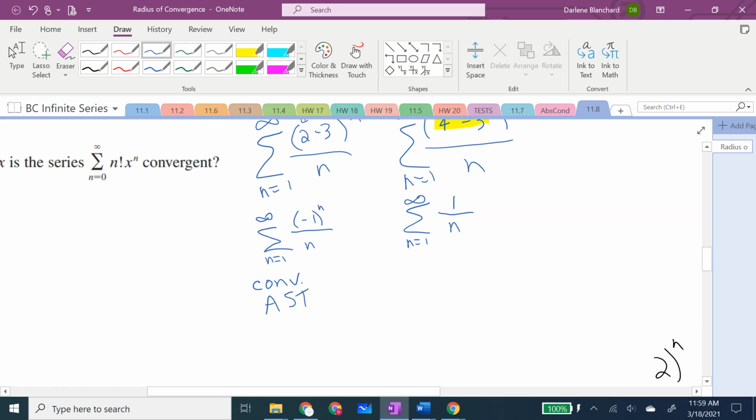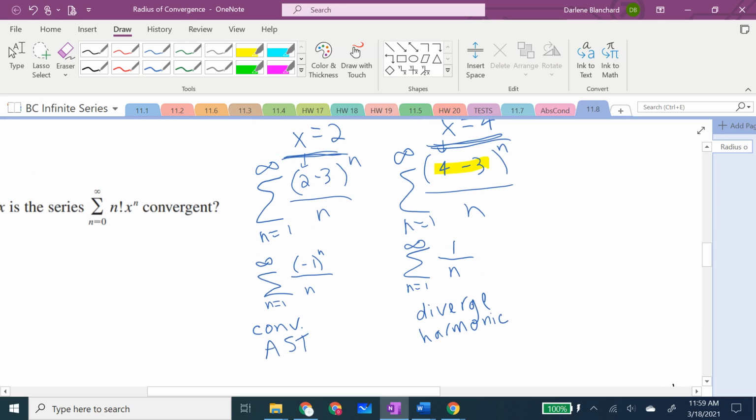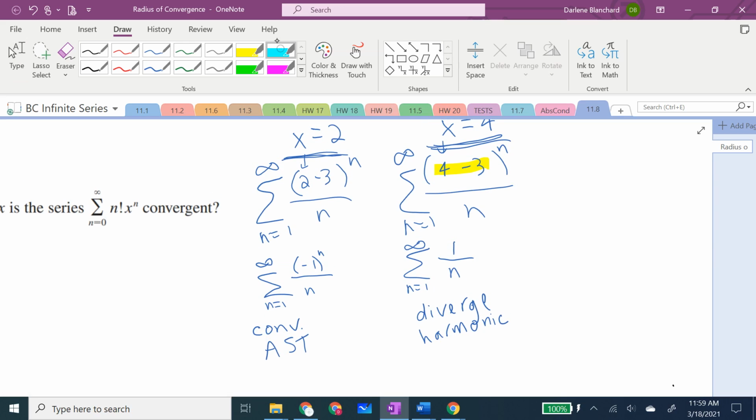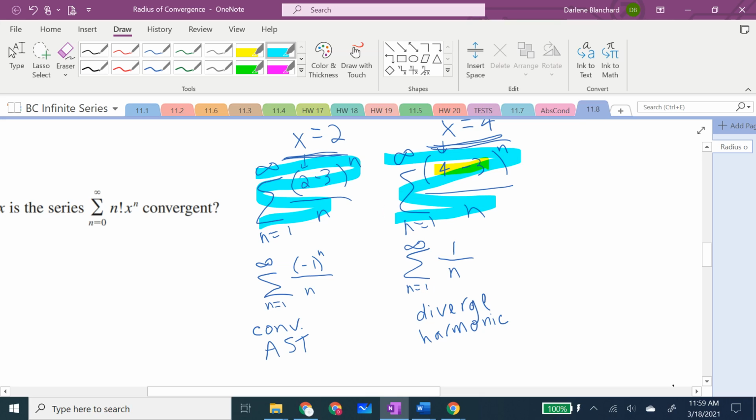The other one, it's harmonic or P series, if you like. And so this is all you have to write. I will say that you don't have to write these. You can go straight to the simplification.